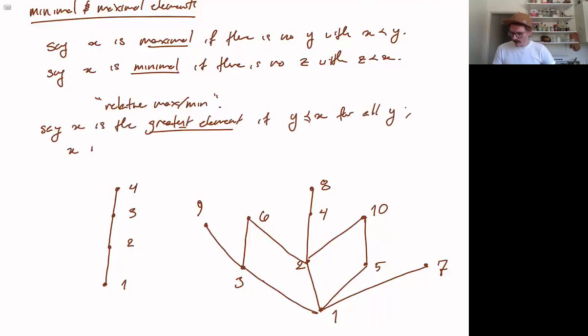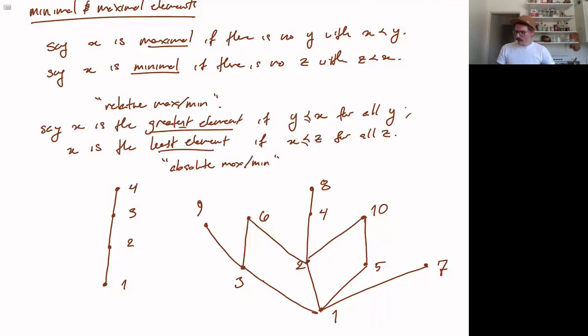And similarly, x is the least element if x is less than or equal to z for all z. And these are the analogs of absolute max and min. And again, you can see the difference is that these definitions are saying something more specifically about x, and these definitions are saying something about generally all elements of the set.